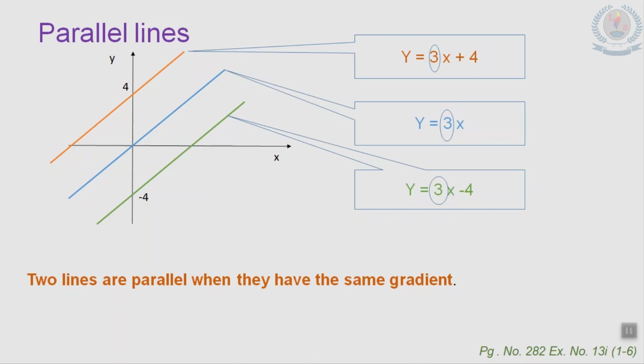When you look at these 3 equations, you can see the gradients are equal. So 2 lines are parallel when they have the same gradient.